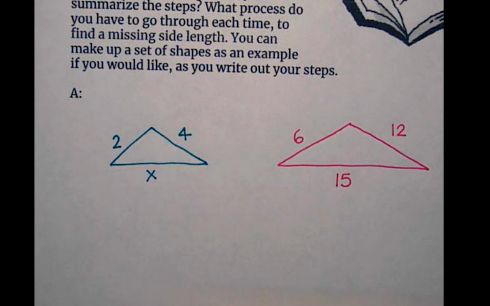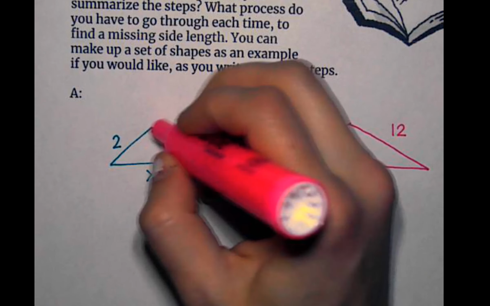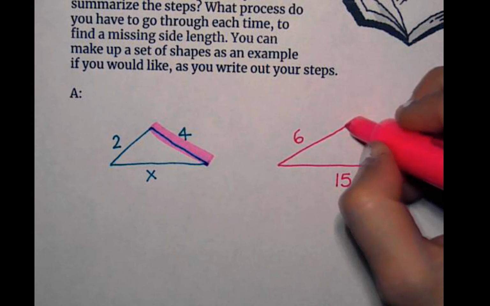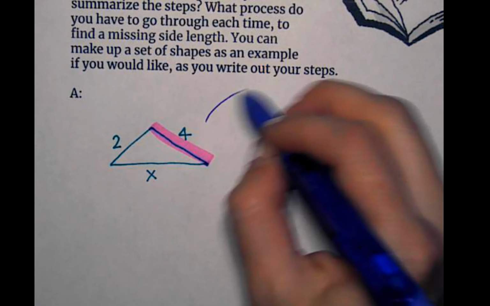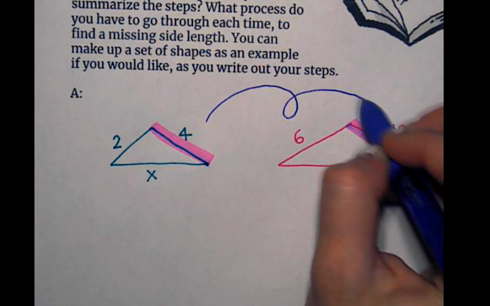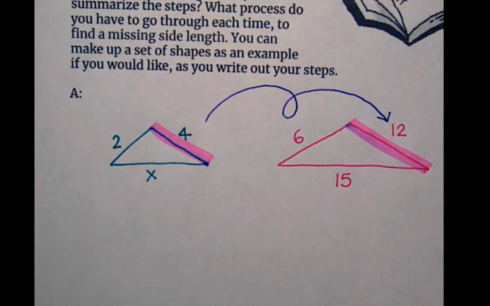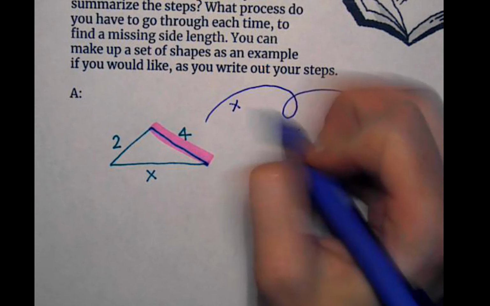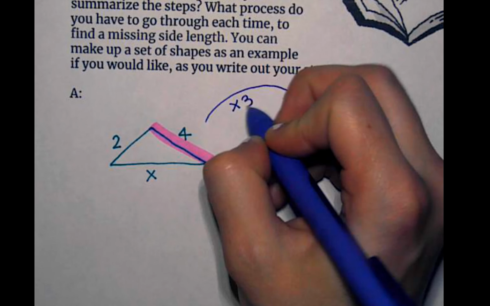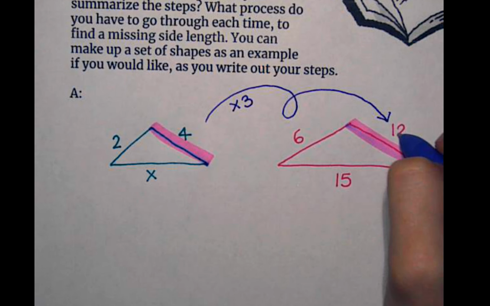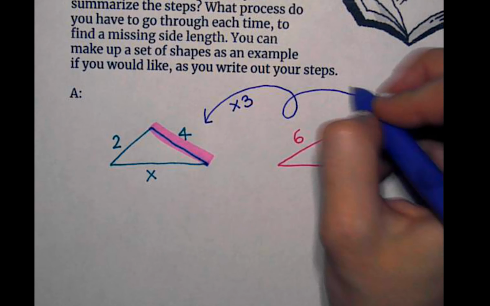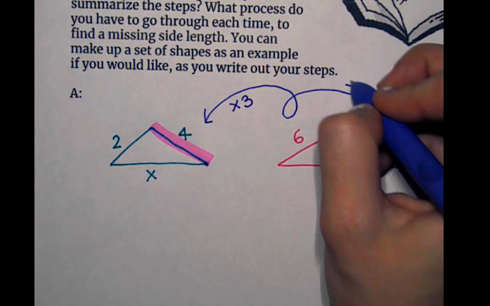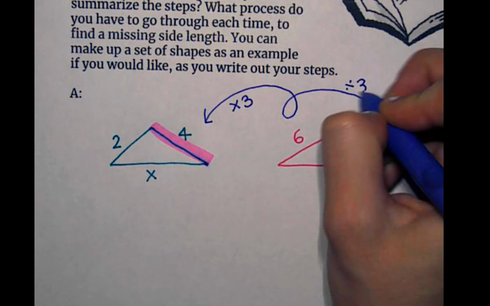You might notice that when you go from this side length, this 4, which corresponds to the 12, when you go from 4 to 12, you are multiplying by 3. When you go from 12 to 4, you're dividing by 3, right?